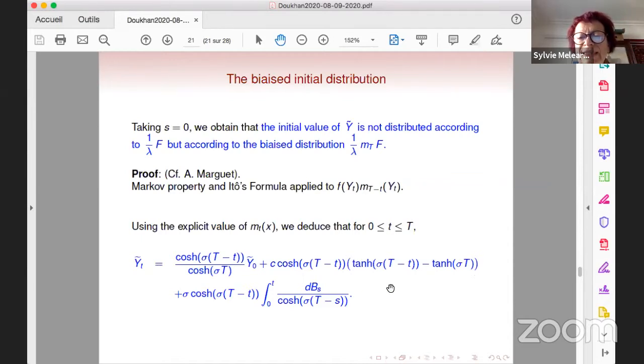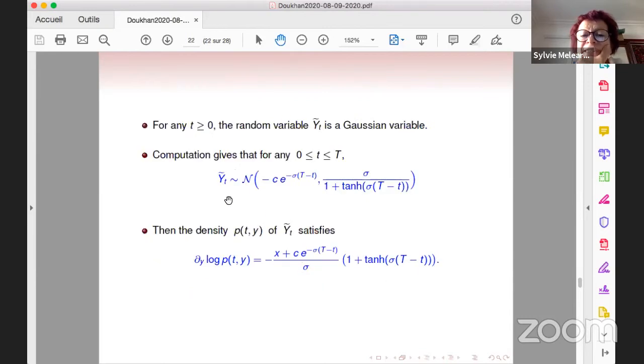What is interesting is that for any t, it's a Gaussian law, but it's inhomogeneous. Of course, the mean and the variance depend on t, and you have the exact quantities.